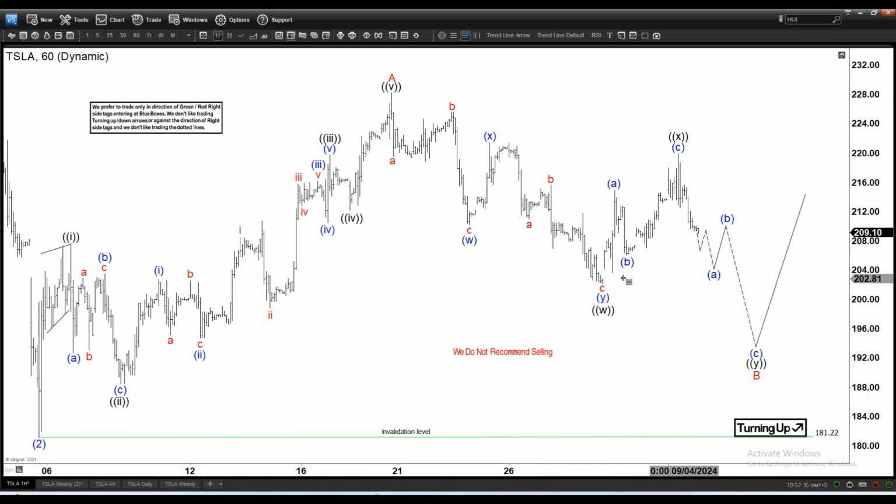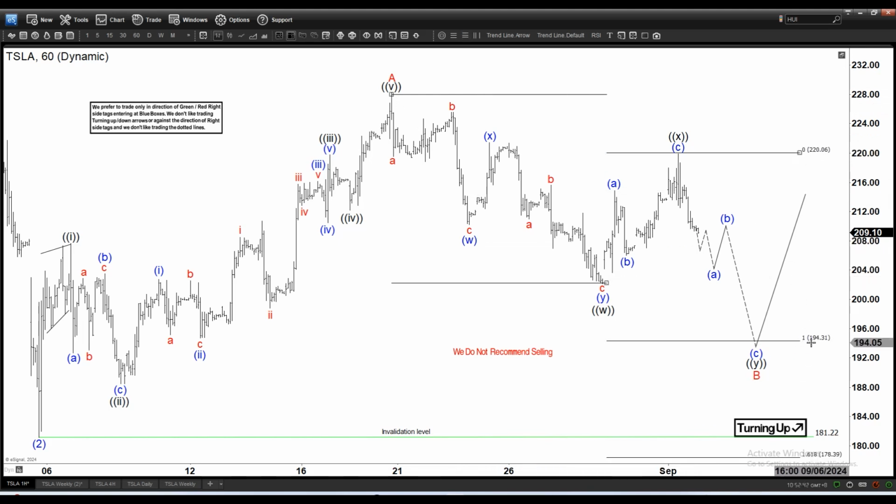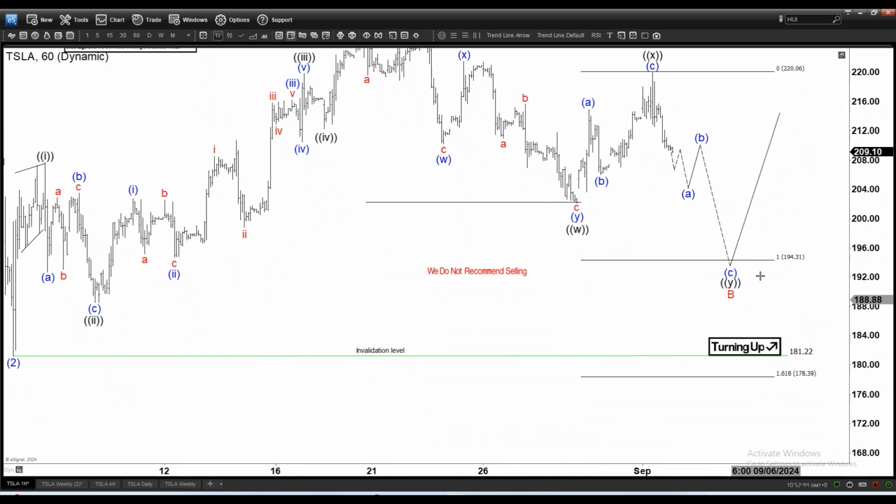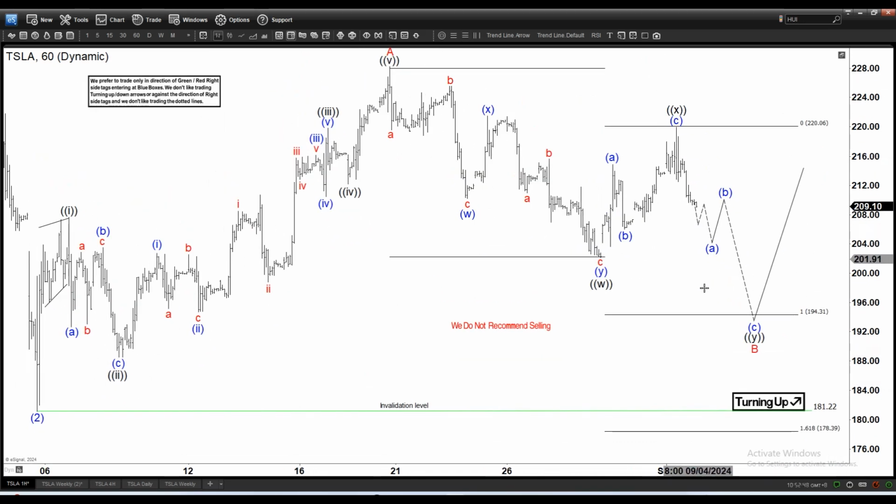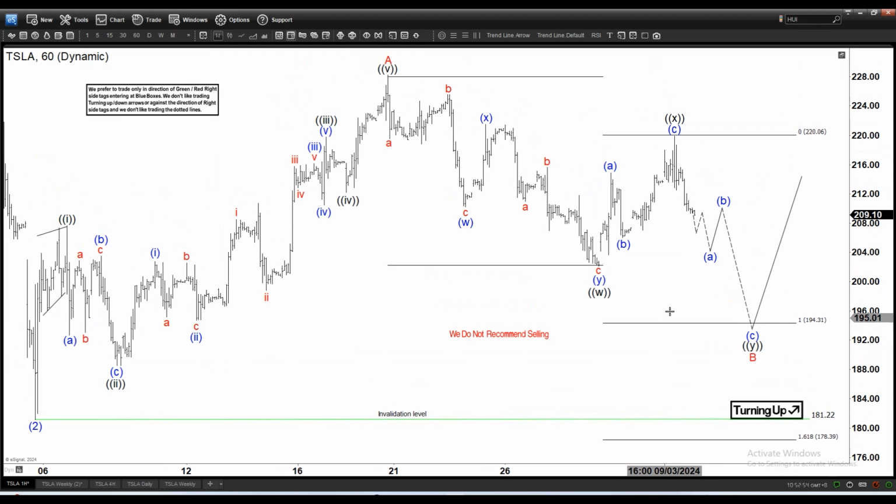If we continue to go down, break below the W here, technically we can go to the 100%, which is 194. So I think the area between 194 to 181 is a potential support, and then from there potentially we could rally to the upside again afterwards. All right.